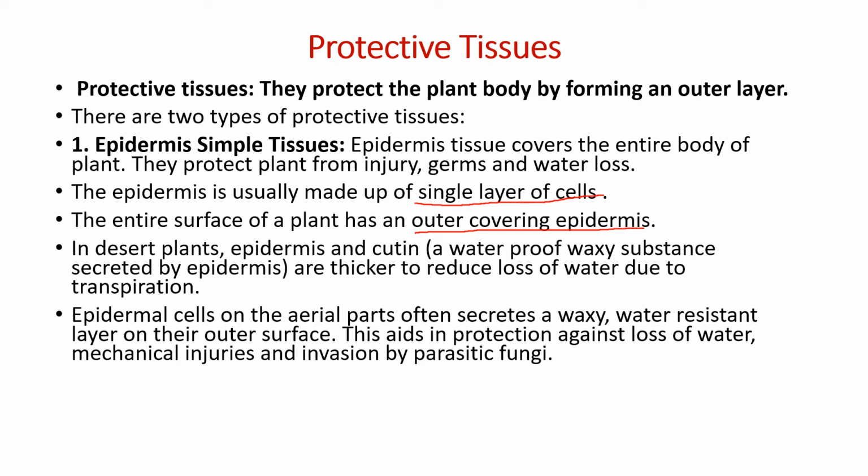So let's see what happens in desert plants. In desert plants, epidermis and cutin. Cutin is a waterproof waxy substance secreted by epidermis. We call it cuticle layer. Have you ever observed leaves of plants? If you have observed the leaves of plant, you will see that the top layer of the plant is quite shiny, it's quite waxy, right?